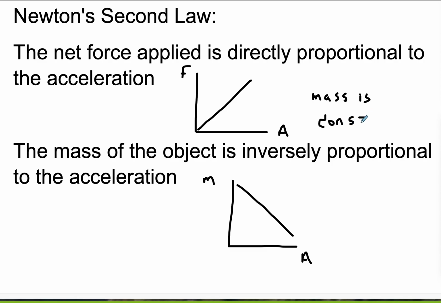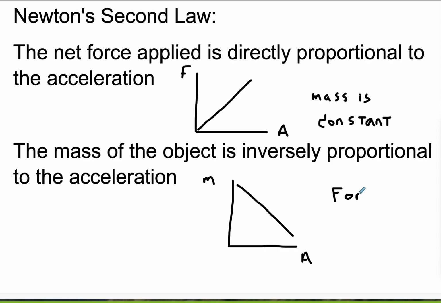I want to accelerate it out of my hand with as big of an acceleration as possible, right? I'm throwing the same shot put. If I apply a bigger force, the shot put has a bigger acceleration. Smaller force, smaller acceleration. Now down here, I'm assuming the force is constant.